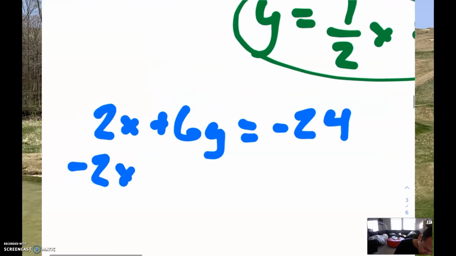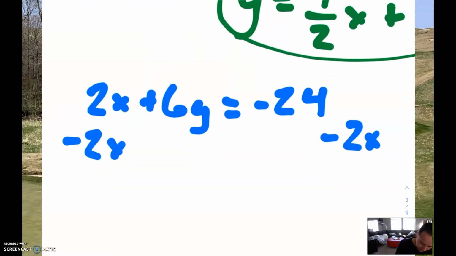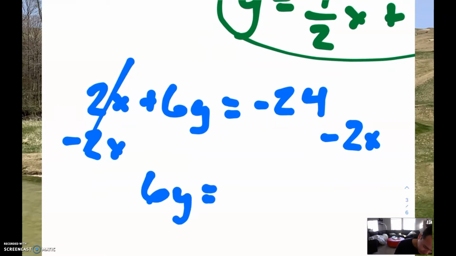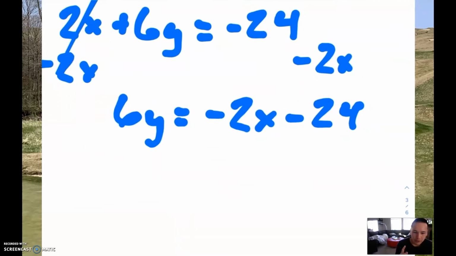We're going to subtract 2x from both sides. Those 2x's go away. We're left with 6y equals, and I'll write the x's first again, negative 2x minus 24. We have 6y. I don't want 6y, I just want 1y. So we're going to divide everything by 6.